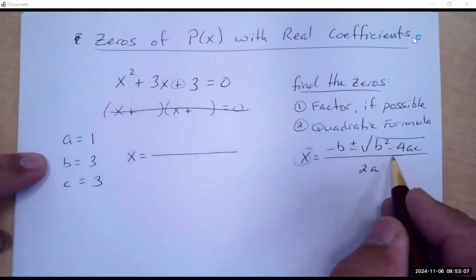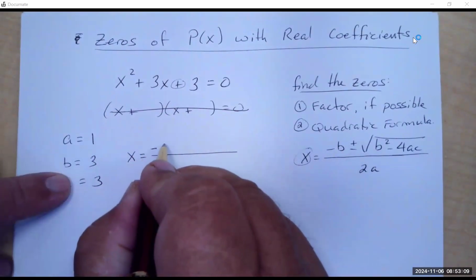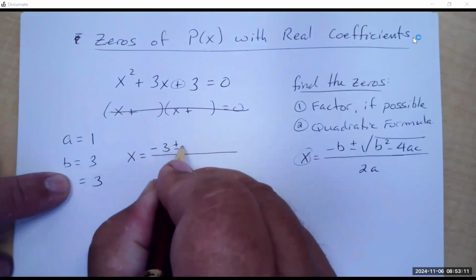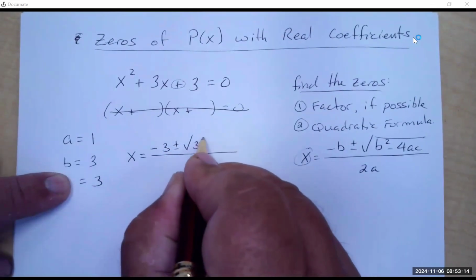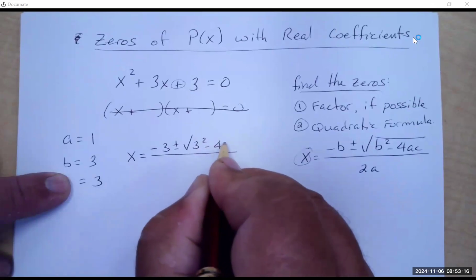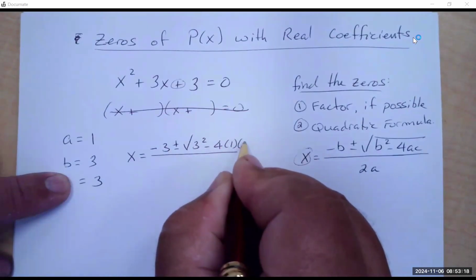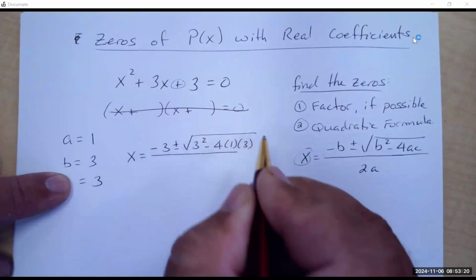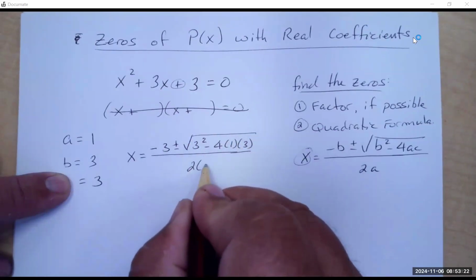So now we plug them in there. Negative b, b is 3, plus or minus the square root of 3 squared, minus 4 times a times c, 4 times 1 times 3, over 2 times 1.